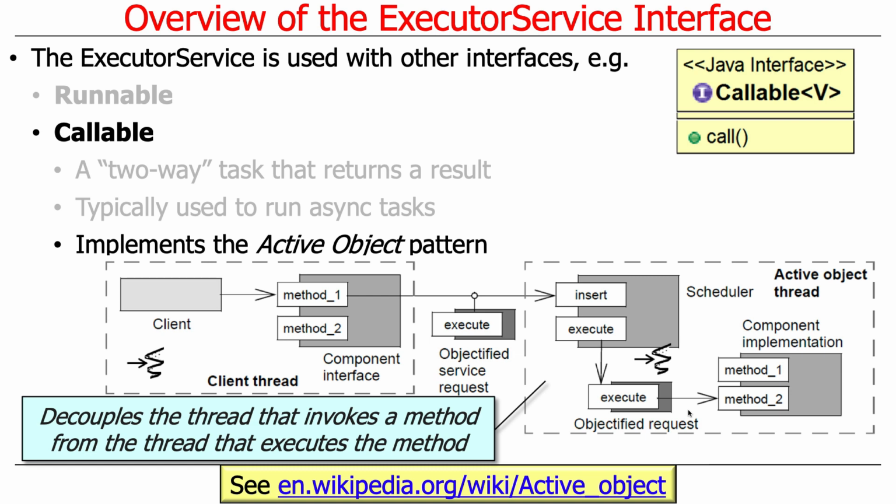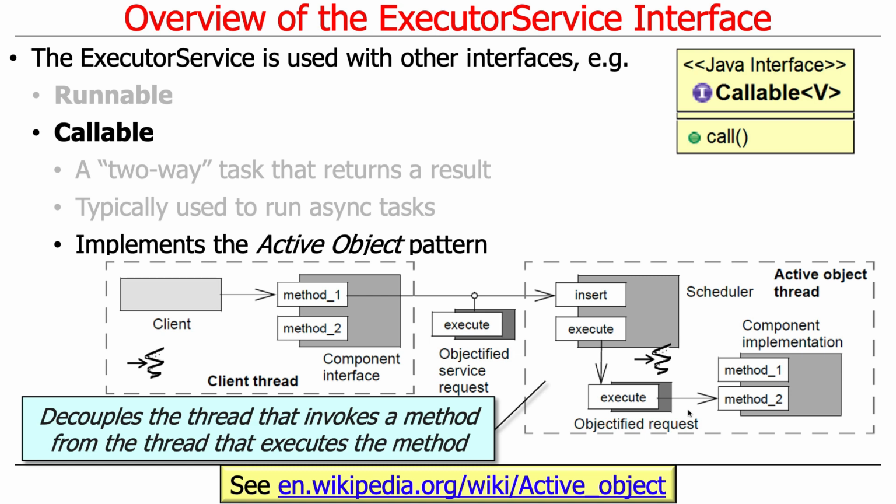This is a pattern that appears in the POSA2 book. Basically, this pattern decouples the thread that invokes a method from the thread that executes the method. So one thread can be invoking methods on an object, and there could be one or more threads inside that object that actually execute the methods.